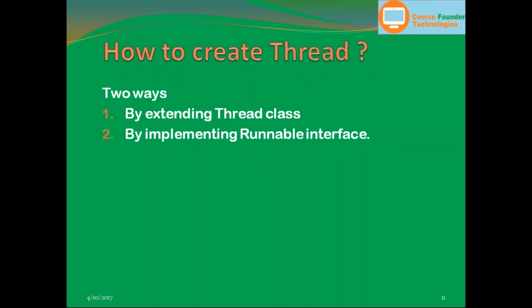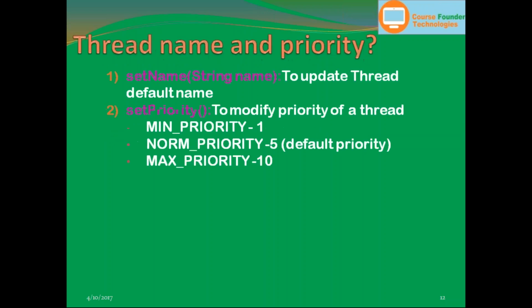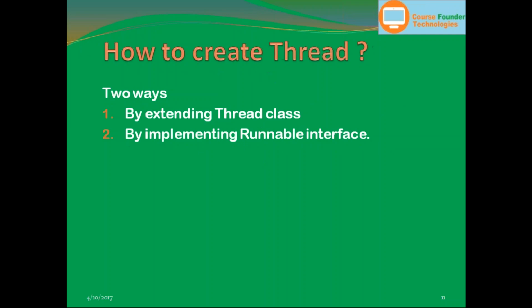First we will see the first approach, extending the Thread class, and we will create two independent threads and give some task to those threads, so they will execute on their own. After that we will see some of the properties of each thread.